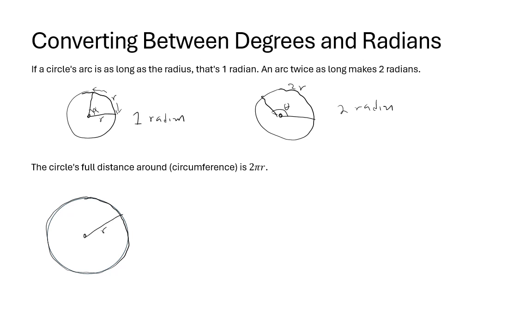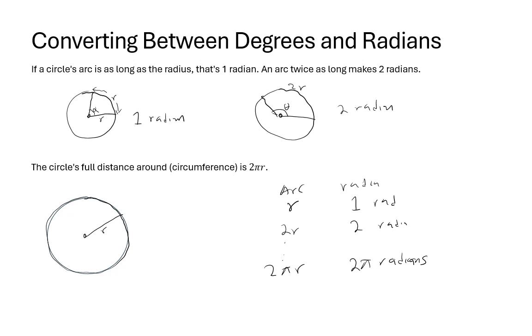So let's compare. If the length of the arc is r, then we have 1 radian, and if it is 2r, we have 2 radians. If the arc is 2 pi r, that is the whole circumference, then we have 2 pi radians.